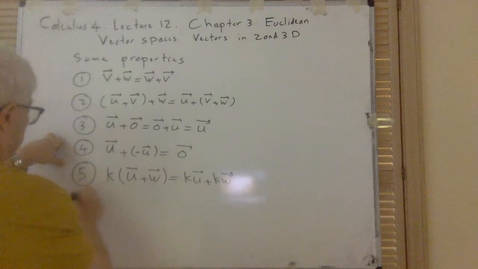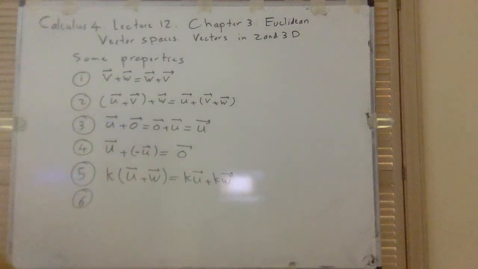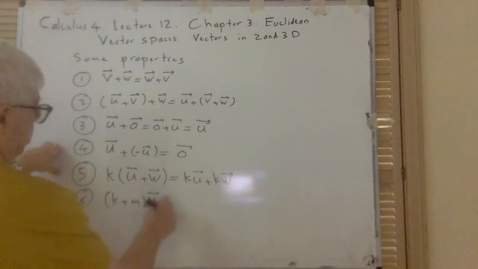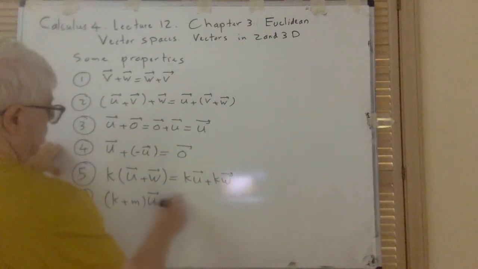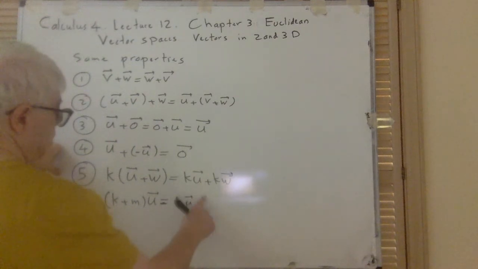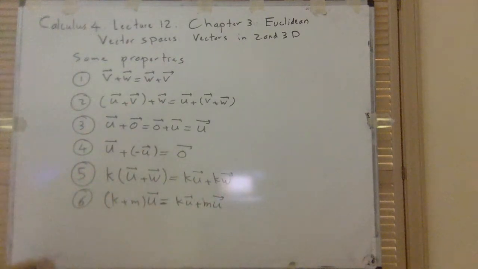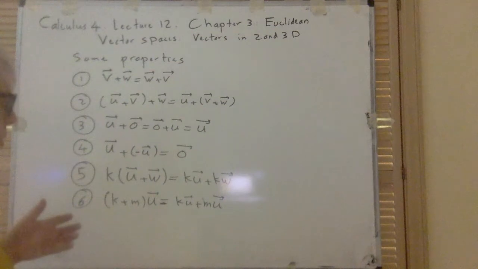And 6: if I have, let's say, k plus m, two scalars, times u, again this one distributes, and we have ku plus mu. But some of them are, in fact, common sense.